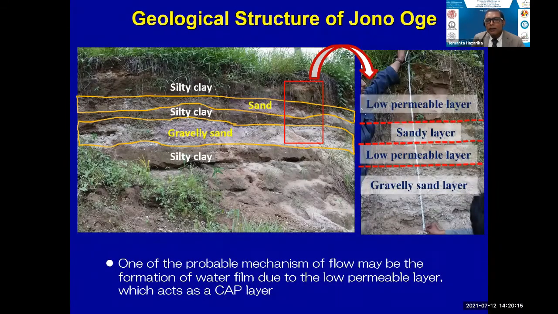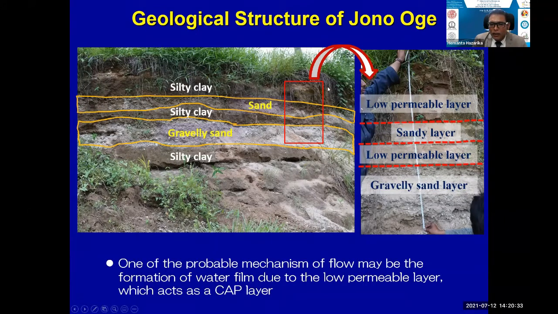On the start of this flow, near the cliff, we could see some geology of the area. Here you can see top is silty clay, then sand, some silty clay, then gravelly sand, then silty clay.